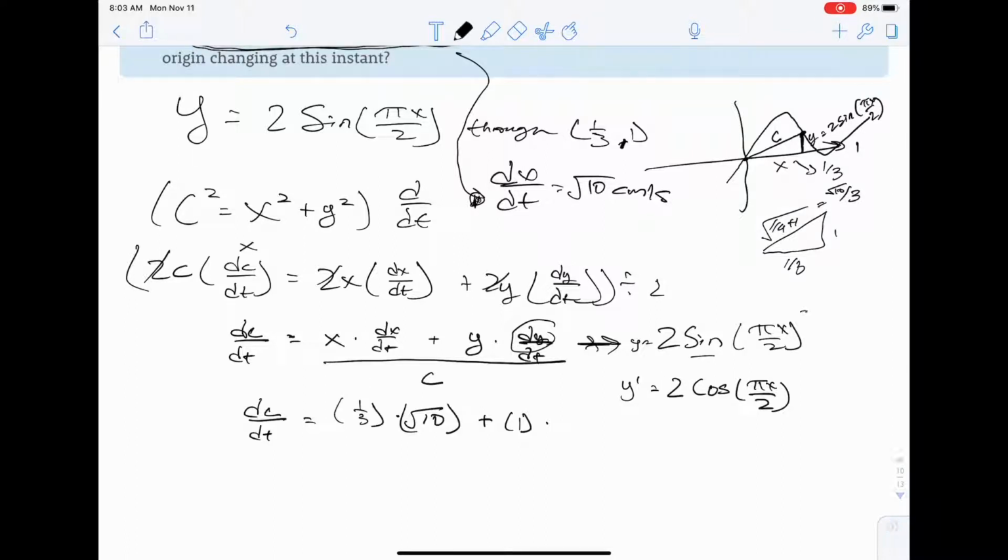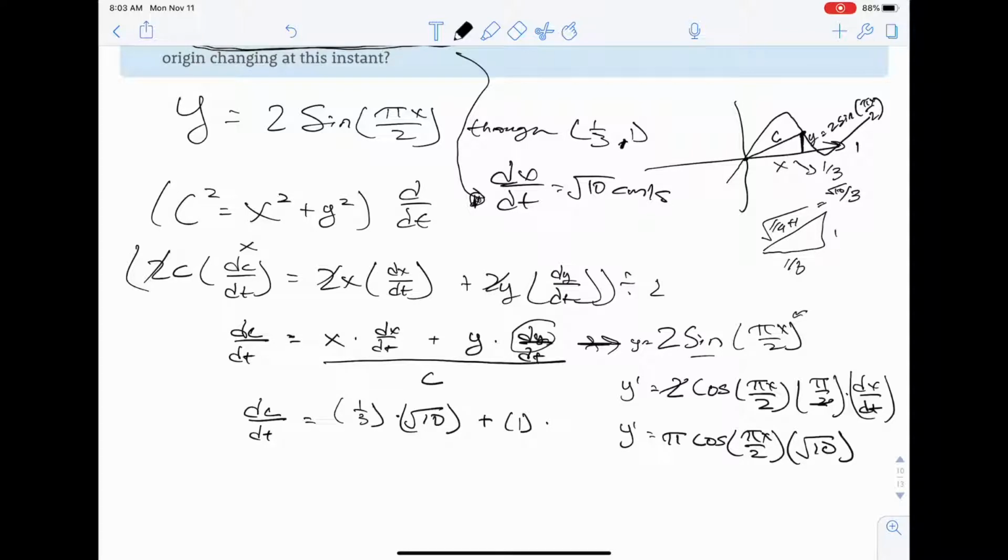The derivative of the inside would just be pi over 2 times dx/dt, the derivative of x with respect to t, because it's a function of time. Then y prime equals, the 2 cancels out with the 2 in pi over 2, and you're left with pi cosine pi x over 2 times square root of 10, because that's the derivative of x.